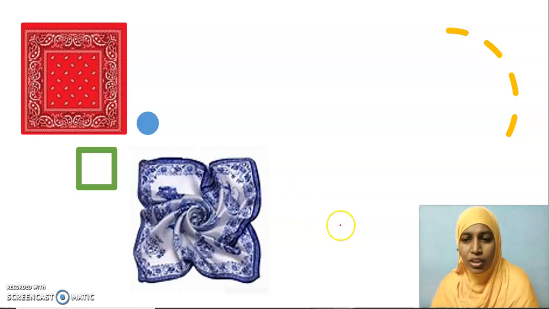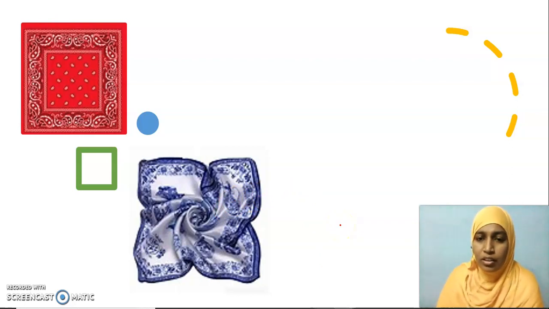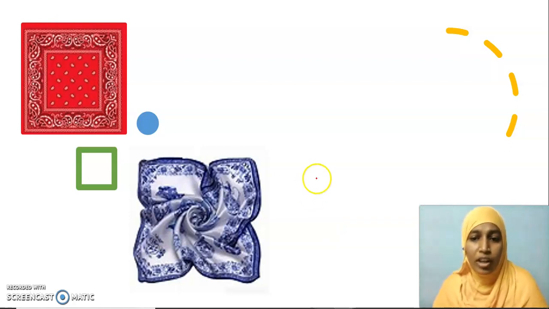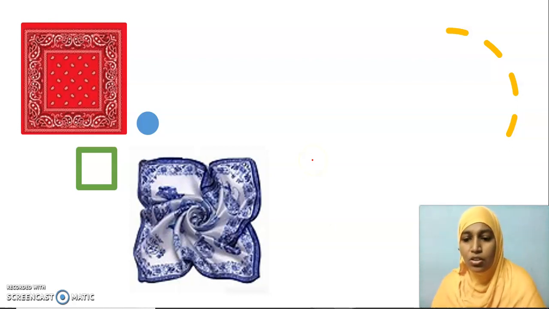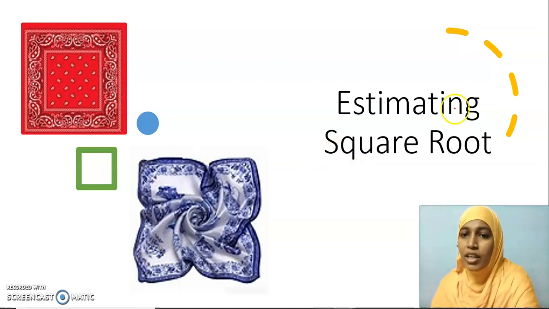No. They will go for rough values, not an exact solution but rough calculations. So mathematically, it is about estimating the square root. Is it possible to estimate the square root? Yes, of course, we can.